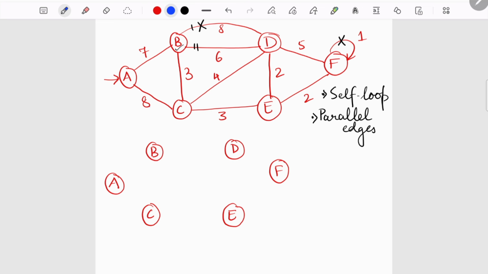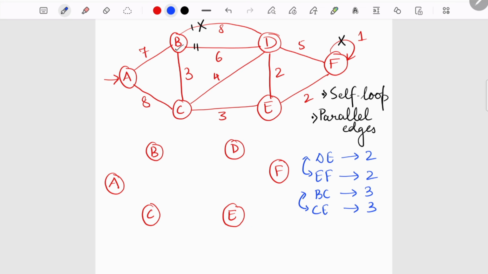Which is the edge with the least weight? It can either be DE, weight 2, or EF. You can also write it in an interchanged way. That's fine. After 2, let's look at the edges with weight 3. They are BC with weight 3 and CE with weight 3. Again, these might be interchanged.